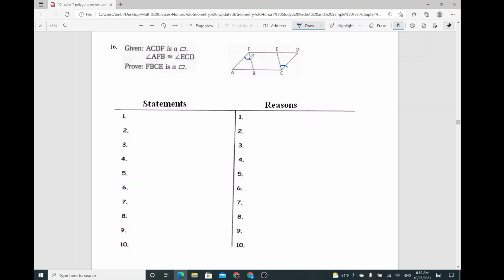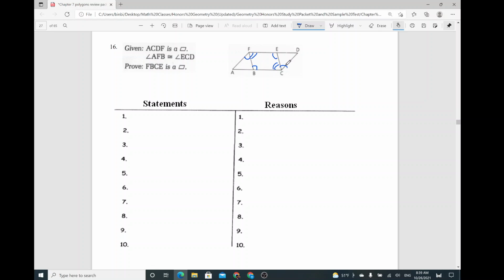So in order to prove this one is a parallelogram, one thing that we can state here, definitely we can prove that the opposite angles would be congruent, these two angles right here. Another thing that we can state, these two angles are also considered congruent as well.